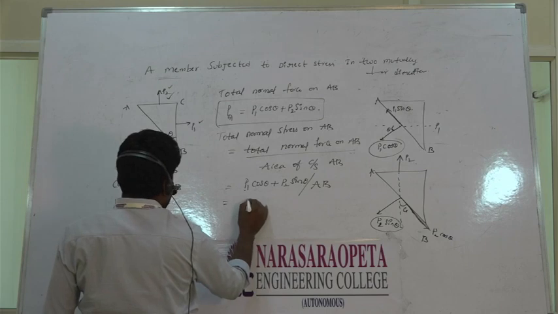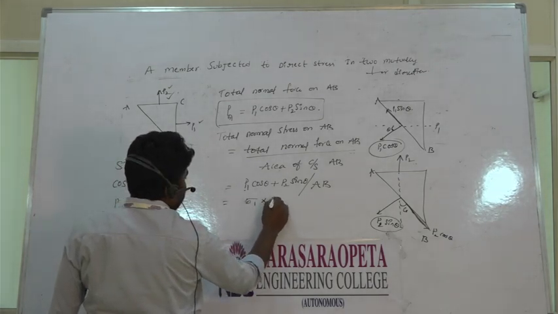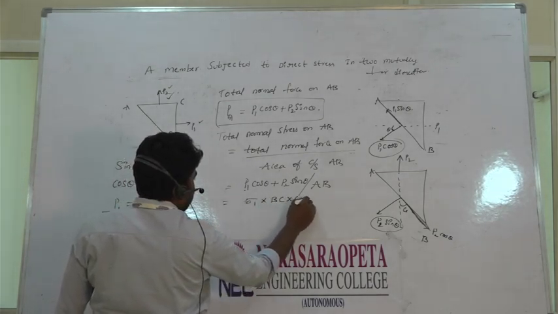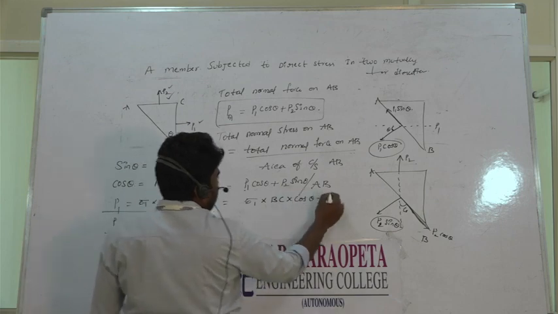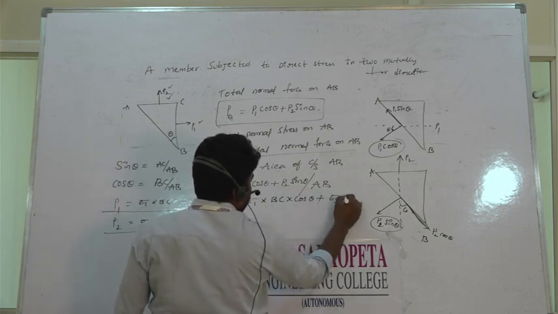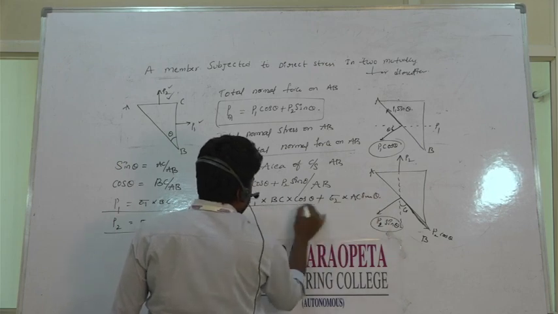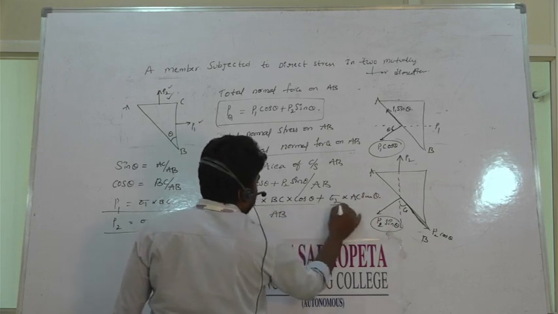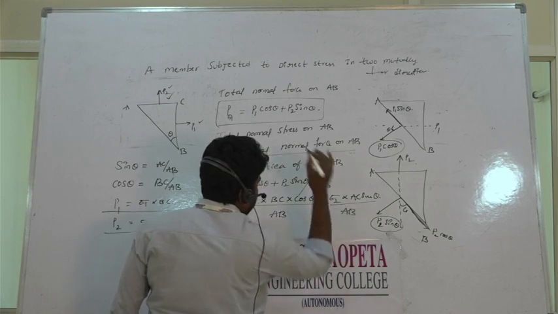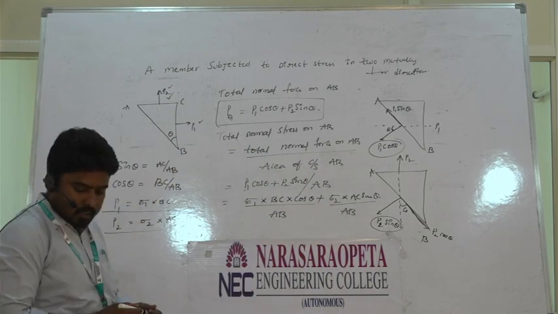So rewrite: sigma 1 into BC cos theta plus sigma 2 into AC sin theta by AB.